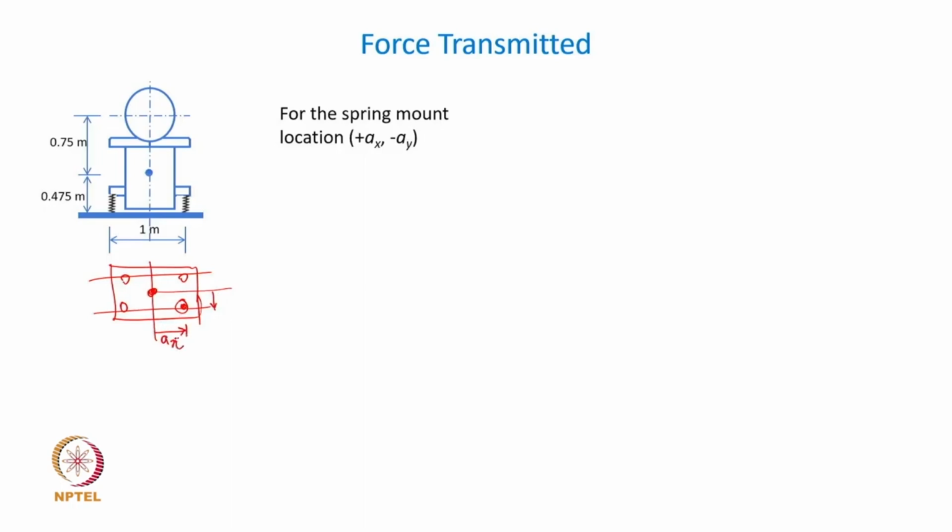So, for a positive AX distance, and if you look at the elevation part, the position AY is going to be negative because Y is considered positive upwards that way. So, this particular spring position, let us focus on this particular spring position, and that position is given by this coordinate plus AX minus AY. Those numbers or the values are already listed in the example. For this spring mount location, let us find what is the force transmitted through that spring connection.